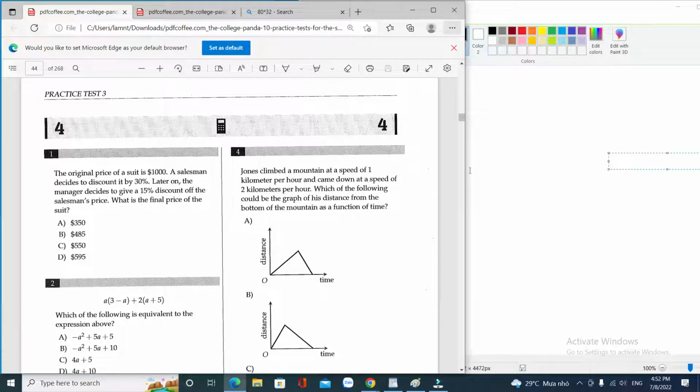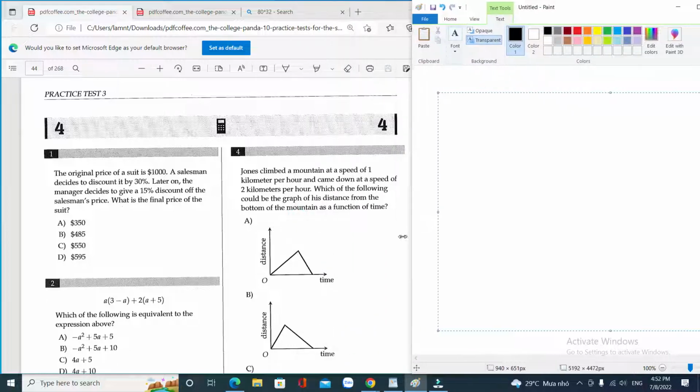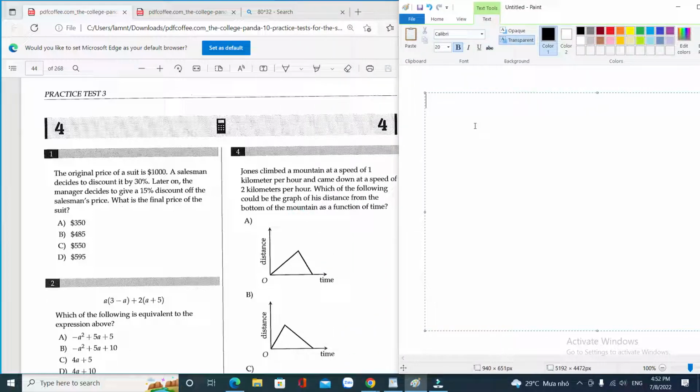Okay, so the original price is $1,000. The salesman wants to discount 30%, and then the manager decided to give a 15% discount off the salesman's price. So for number one, first you have $1,000.